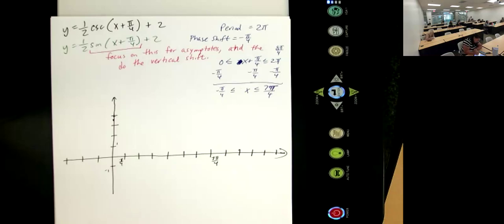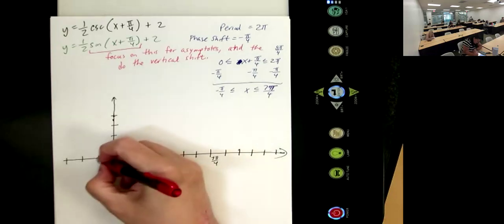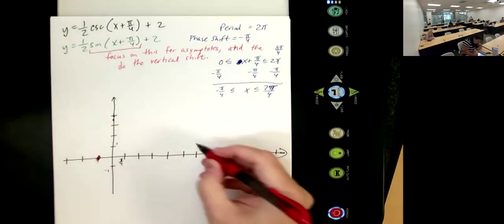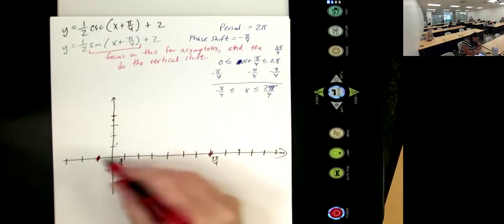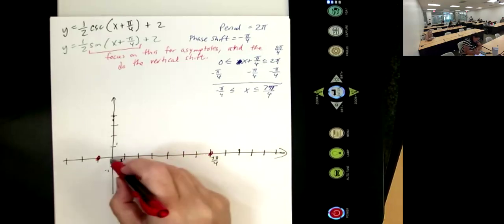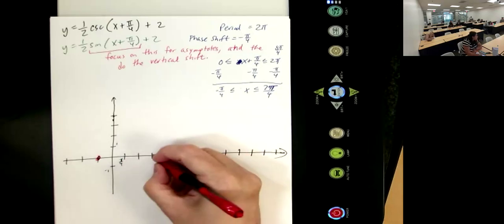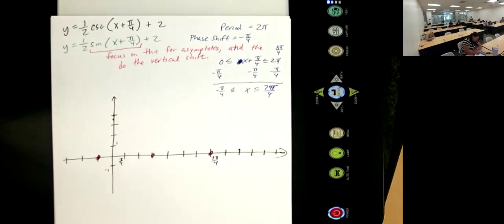Okay, so sine, we're going from negative pi over 4 to 7 pi over 4. And sine starts at 0, so those two are gonna be 0. And the halfway point, which should be 4 pi over 4 steps over, should also be at 0.